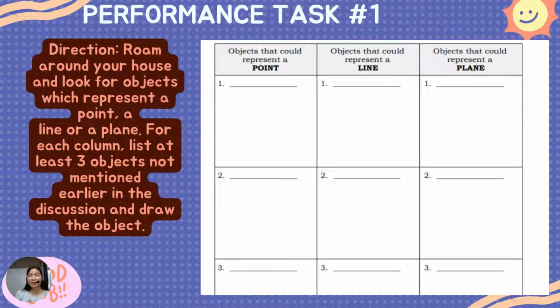So in this performance task, you are going to look around in your house for things that represent a point, a line, and a plane. And then you are going to draw and name them. Make sure that the examples in your list are not mentioned in our discussion for today.